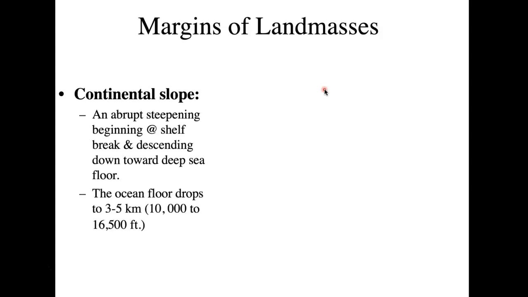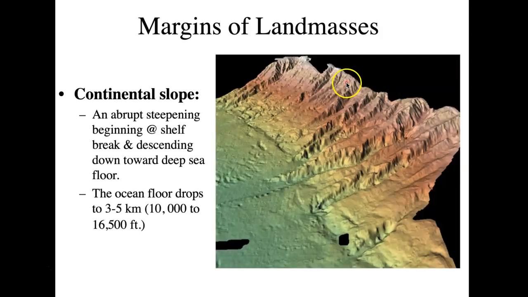Continental slope is pretty easy. It's just this really abrupt, steep slope that begins at the shelf break here and then descends down toward the deep sea floor. Okay, so it's a really abrupt slope. And the ocean floor drops to about 3 to 5 kilometers, which is 10,000 to 16,500 feet deep.